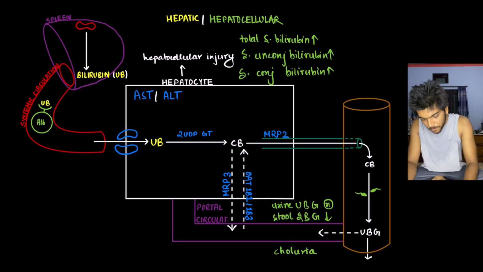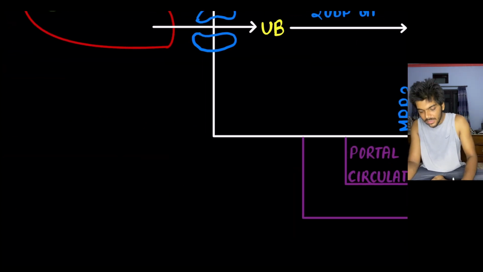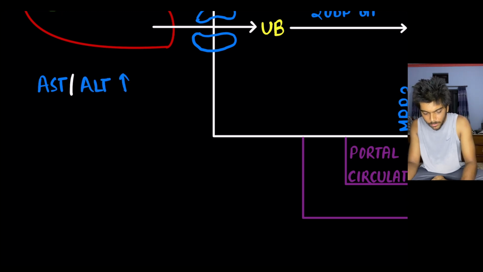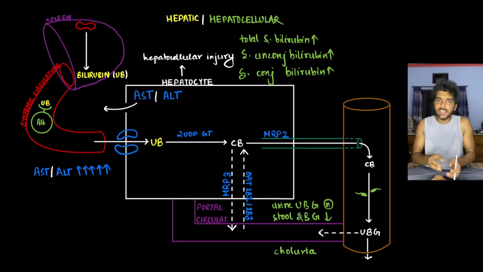Once there is injury to the cell, they simply leak out of the cell. As a result, there is a rise in the level of AST and ALT in blood. There is a significant rise because all the AST and ALT enzyme present within the cell is going to leak out into the blood circulation.